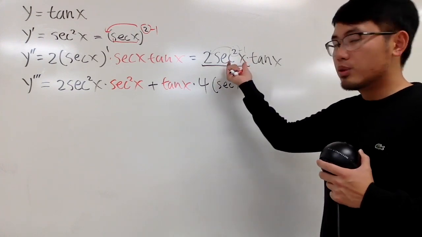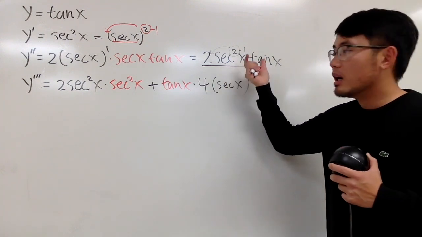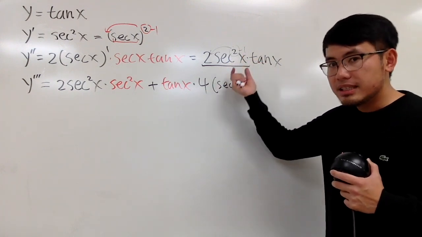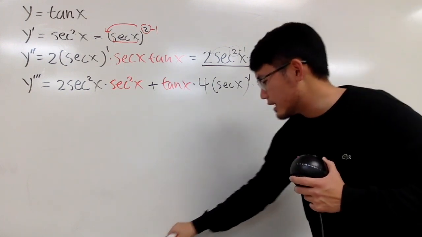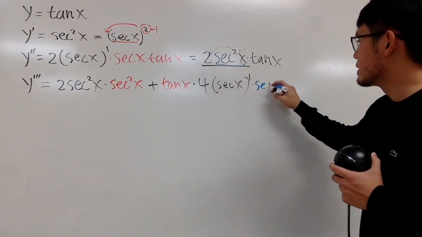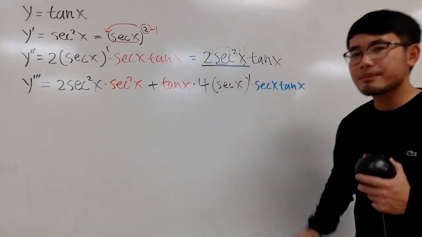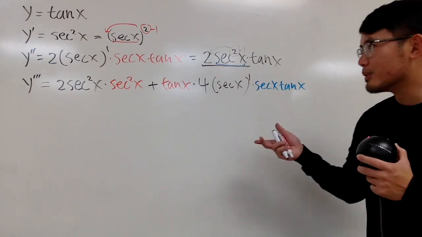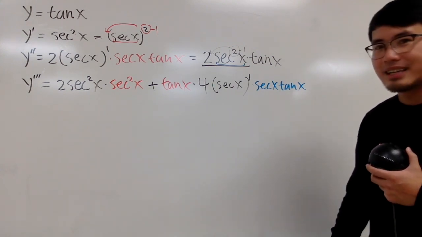And don't forget to multiply by the derivative of the inside. The derivative of the inside is the secant x. So you multiply by secant x tangent x. This once again is the derivative of the secant x. So put it down in blue, like that. Okay? So you just have to do this carefully, and then you'll see this is how it works, like that.